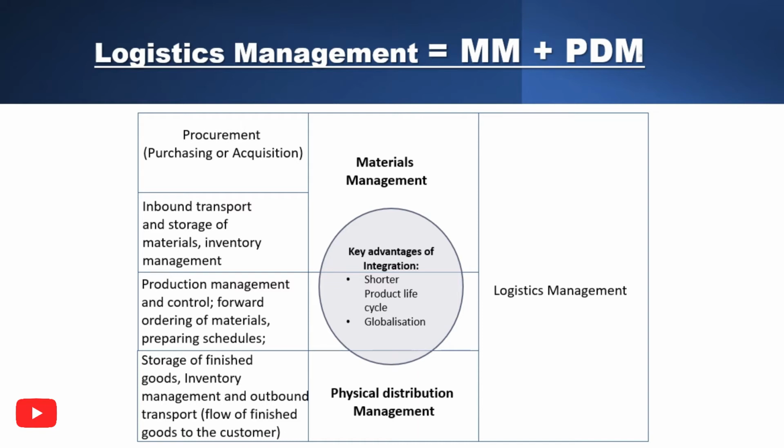And physical distribution is storing these materials and forwarding them to customers, the complete transportation flow. These are the common aspects of MM and PDM. As you can see in this table, it clearly defines the different activities of MM and PDM. Please go through it.